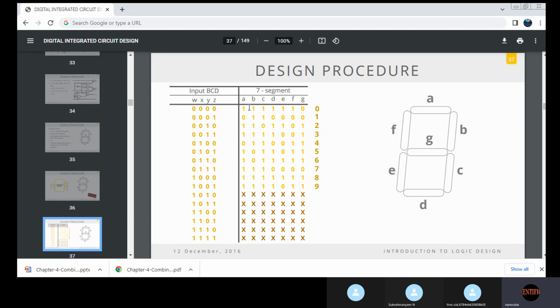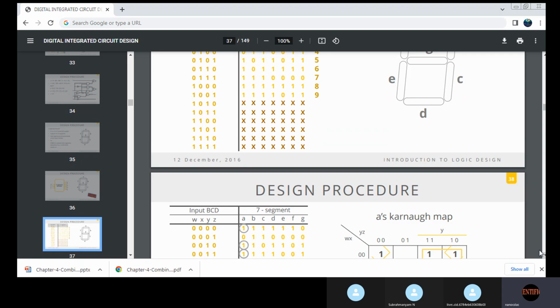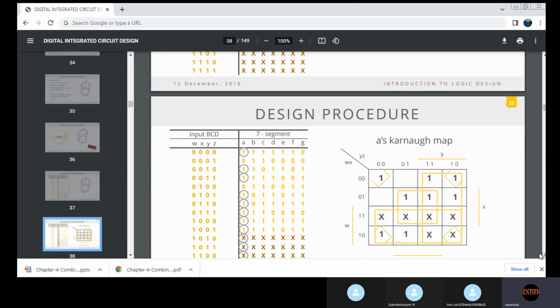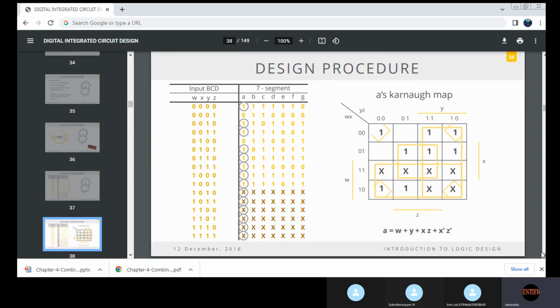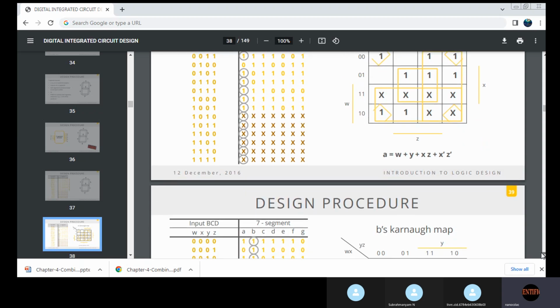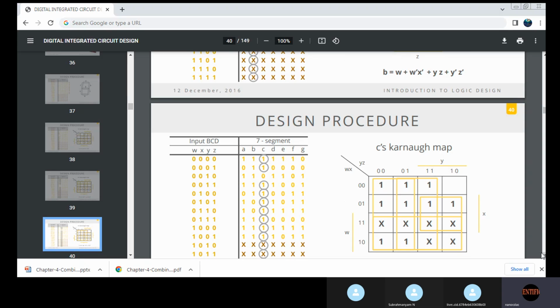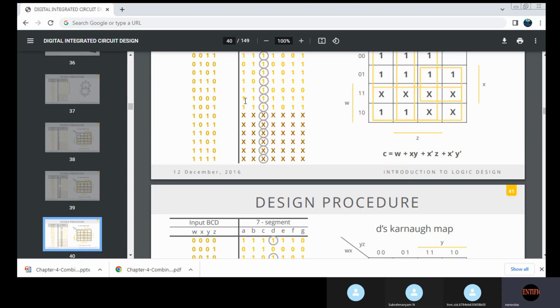Minterms for B are 0, 1, 2. Like that you have to write the minterms, and then with the help of K-map you write the equations for A, B, C, D, E, F, G.